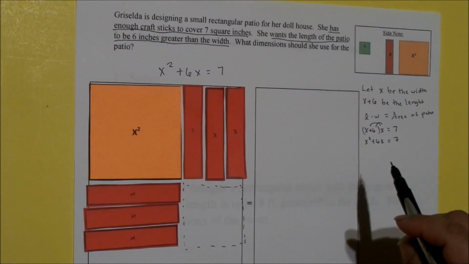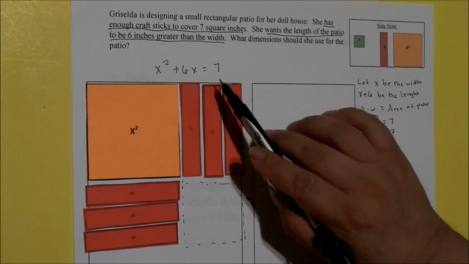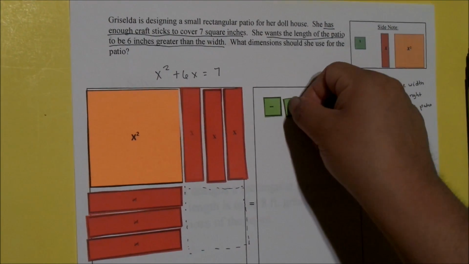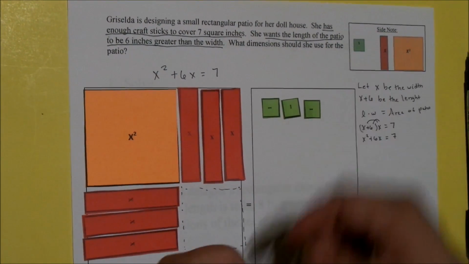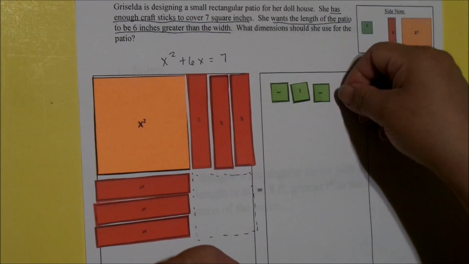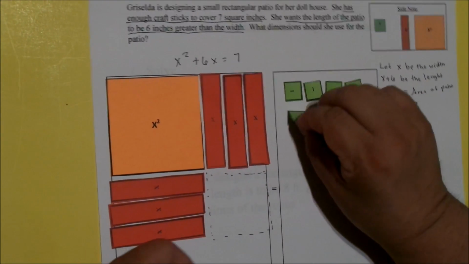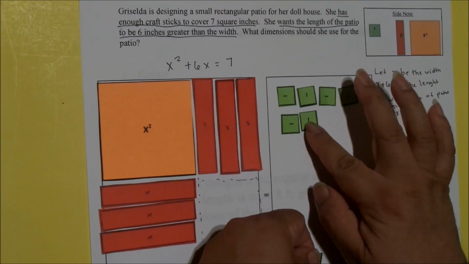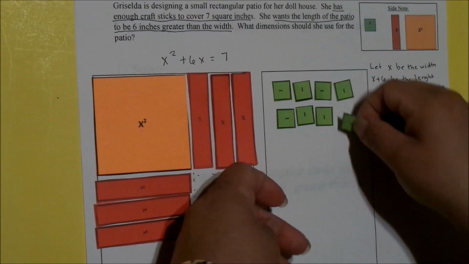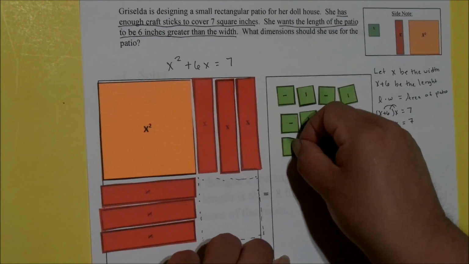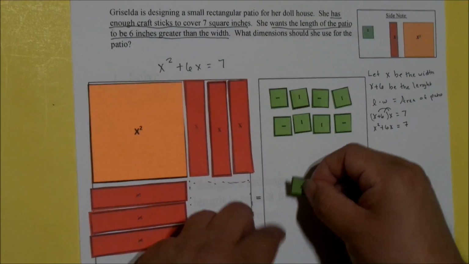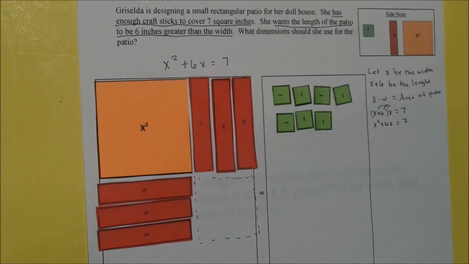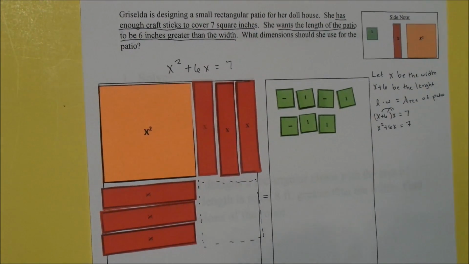Now let's go to the right side of the equation. We have 7 tiles, so I'm going to put that. I think I count 1 too many. There goes 7.